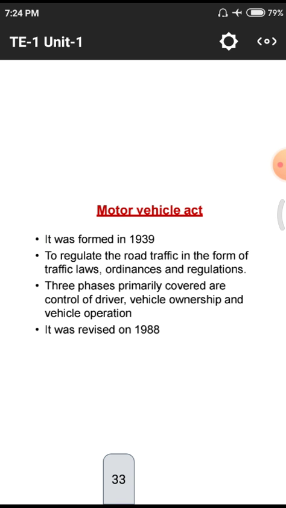And the next one is the three phases primarily covered: control of driver, vehicle ownership, and vehicle operation. In these three phases, control of driver means the total vehicle movement depends upon the driver's mindset and attitude. That means if the driver is drinking, the vehicle will not be under his own control, so he may have a chance of causing accidents.